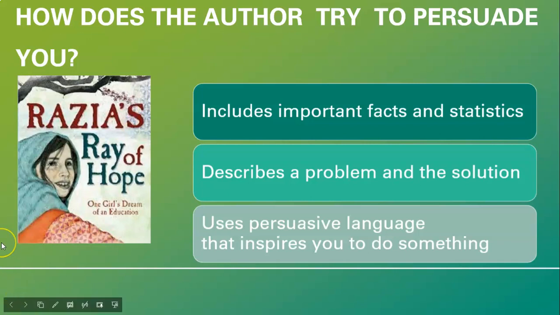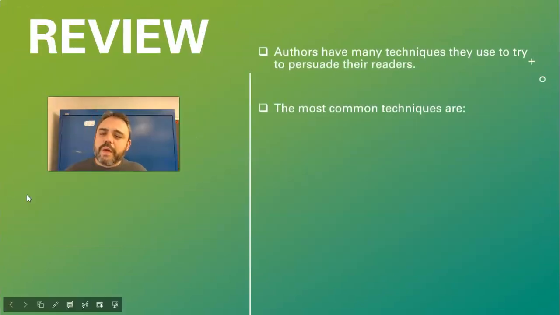So, with those two excellent examples of persuasion techniques out of the way, let's move on to review. Today, we talked a lot about some techniques. We examined some examples and pulled apart some text to see exactly how these techniques fit in there and how the author slices and dices and crafts their writing in order to persuade the reader to do things.